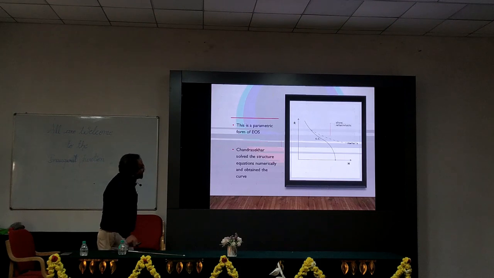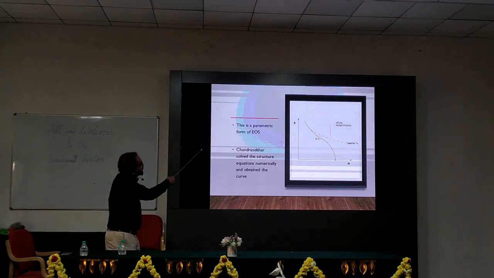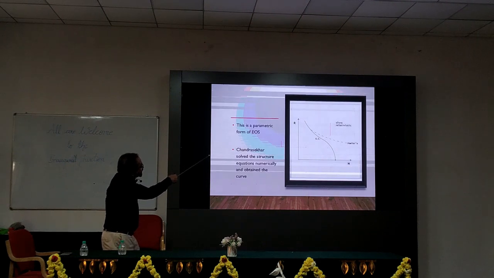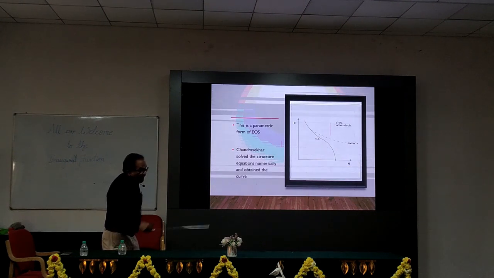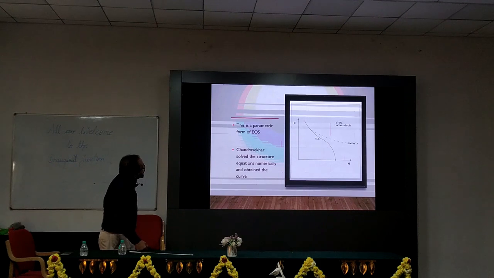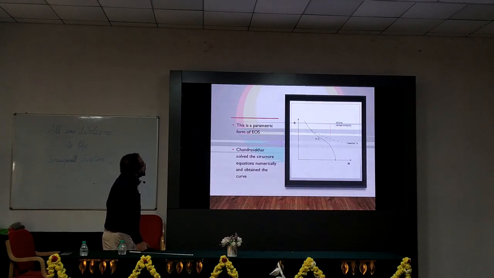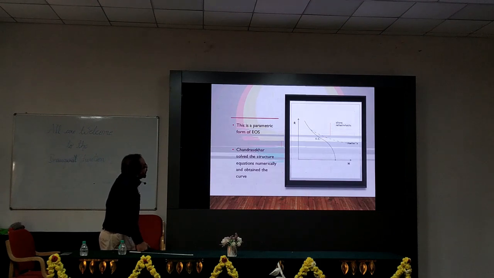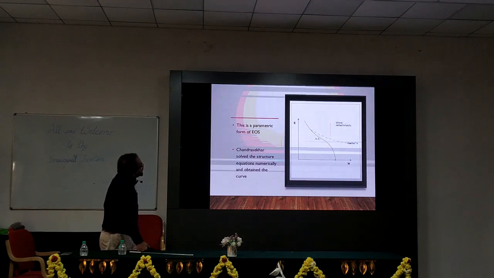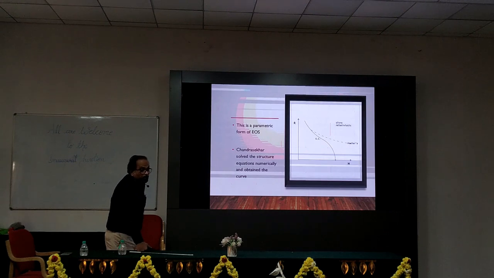Schematically I have shown that: it is radius versus mass. SC means S Chandrasekhar. So he got that full line, the black line there. As you increase the mass, the radius decreases in the beginning as shown by Fowler, but later on it decreases very fast and goes towards the value 0.